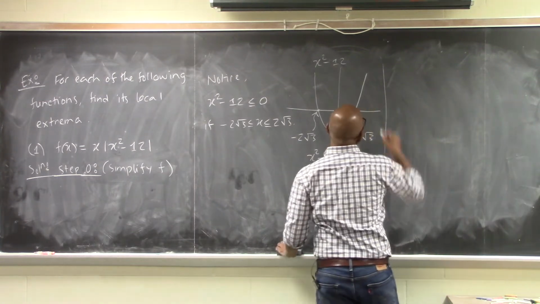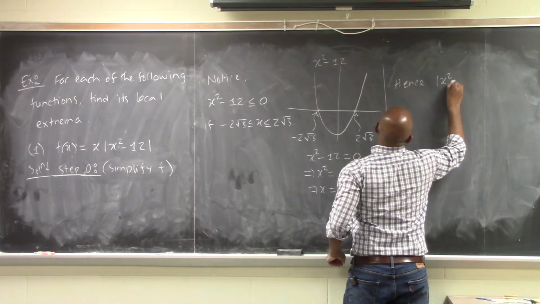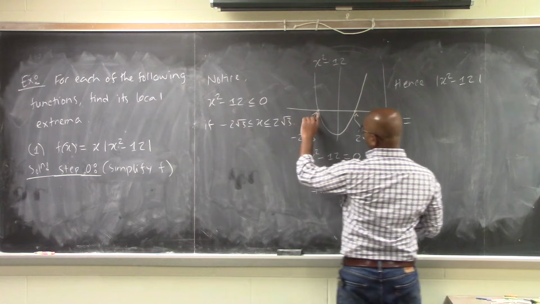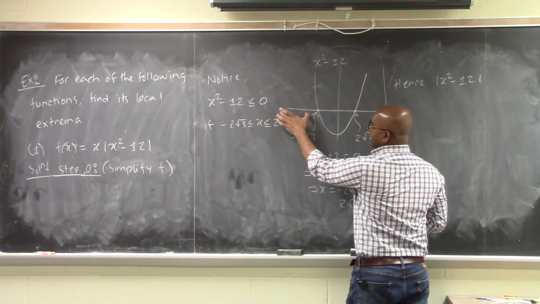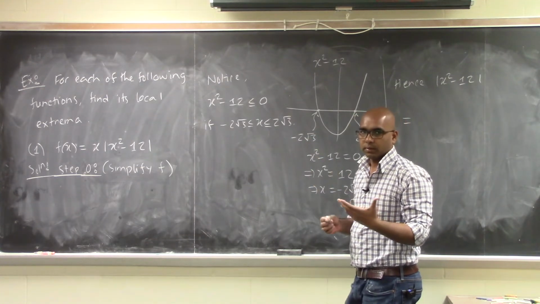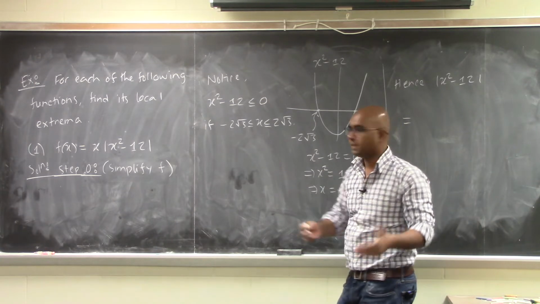Hence, absolute value of x squared minus 12, that guy is what? If x is less than negative 2 root 3, then this function is already positive. So absolute value does nothing to it. Whenever the input inside absolute value is positive, absolute value just leaves it as it is.